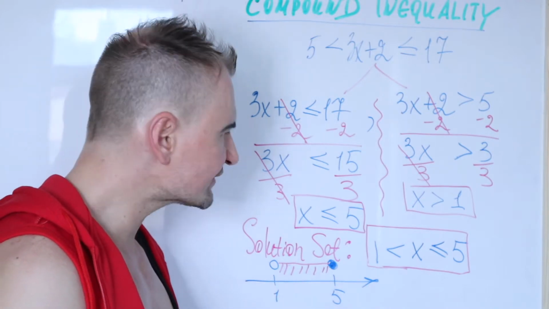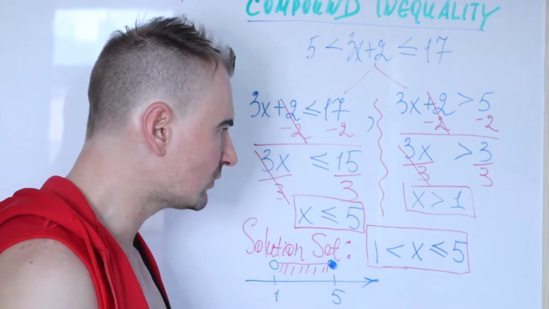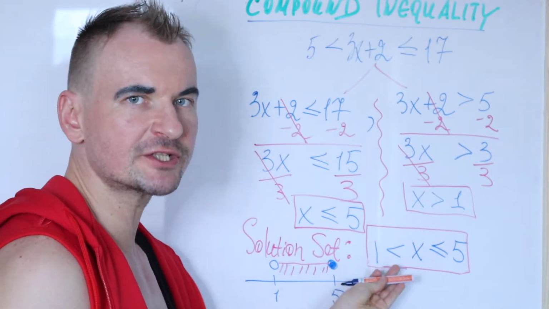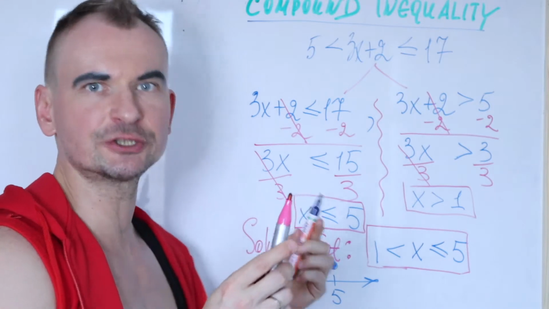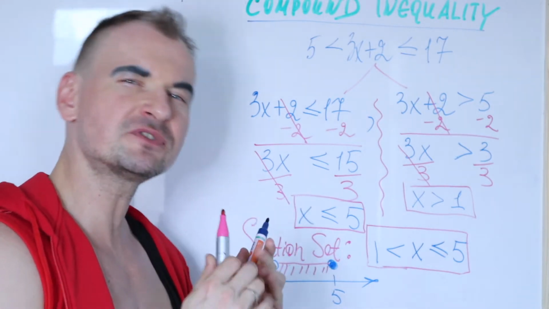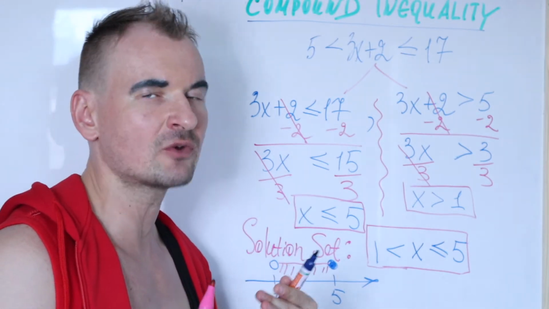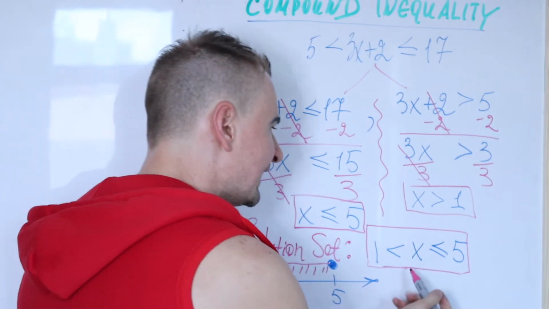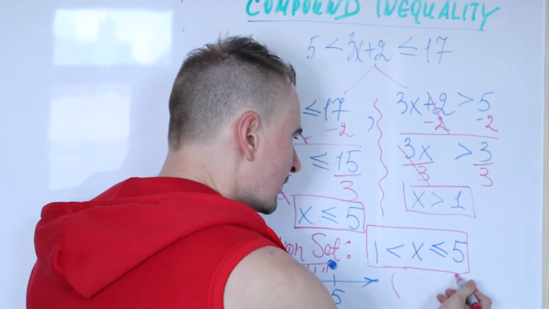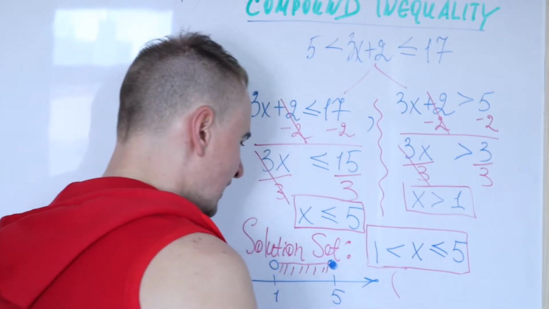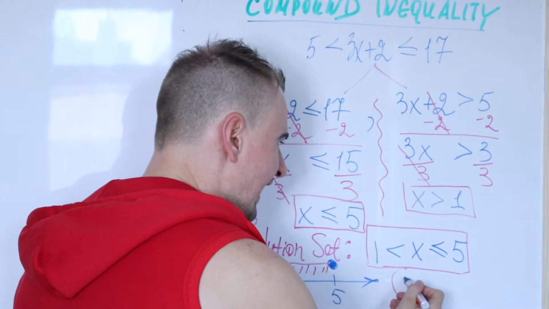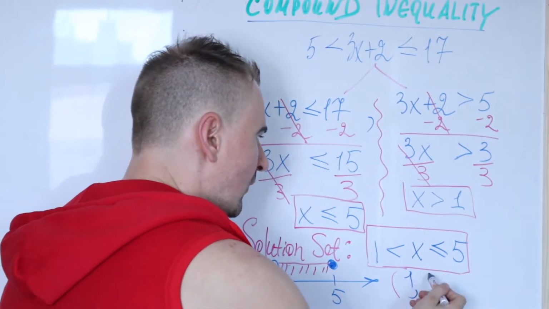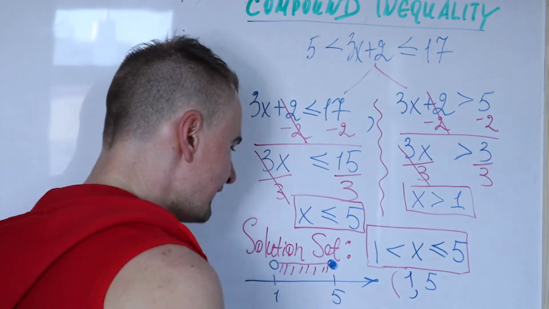Now sometimes your answer for an inequality could be written in interval notation, or sometimes you are asked to write interval notation. So the same answer could be written using parentheses, with all these x's from 1, comma, all the way to 5.